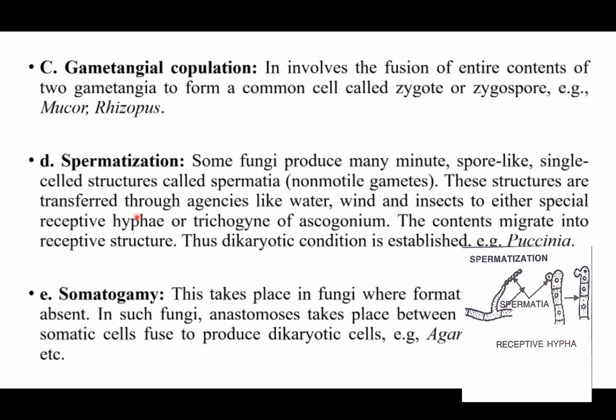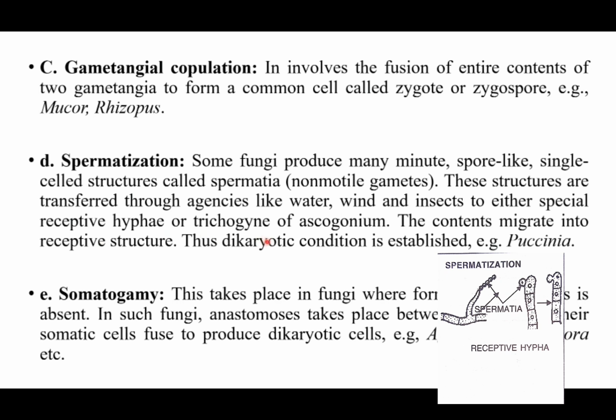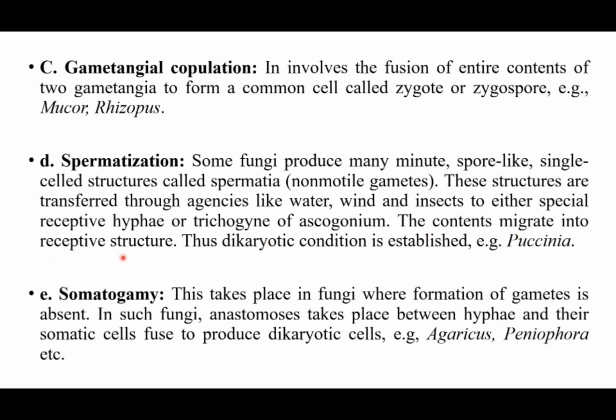These structures are transferred through the agency of water, wind, or insects to either a special receptive hypha or the trichogyne of the ascogonium. The content migrates into the receptive structure. Thus, the dikaryotic condition is established, as seen in the case of Puccinia.